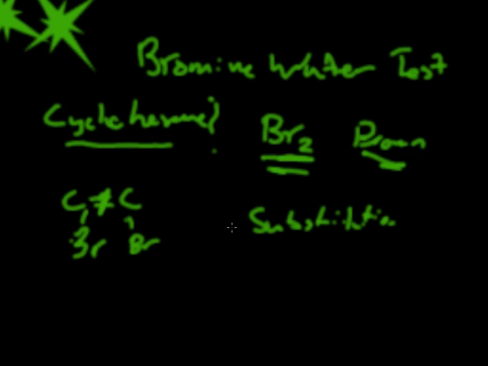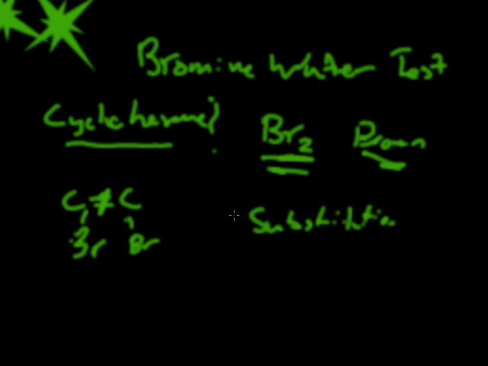So by looking at it just as soon as you put in the bromine water, you can immediately see whether it's an alkene or an alkane. Obviously, if it takes away the brown color immediately, you know that it's an alkene, and if it doesn't, then you know that it's not an alkene.